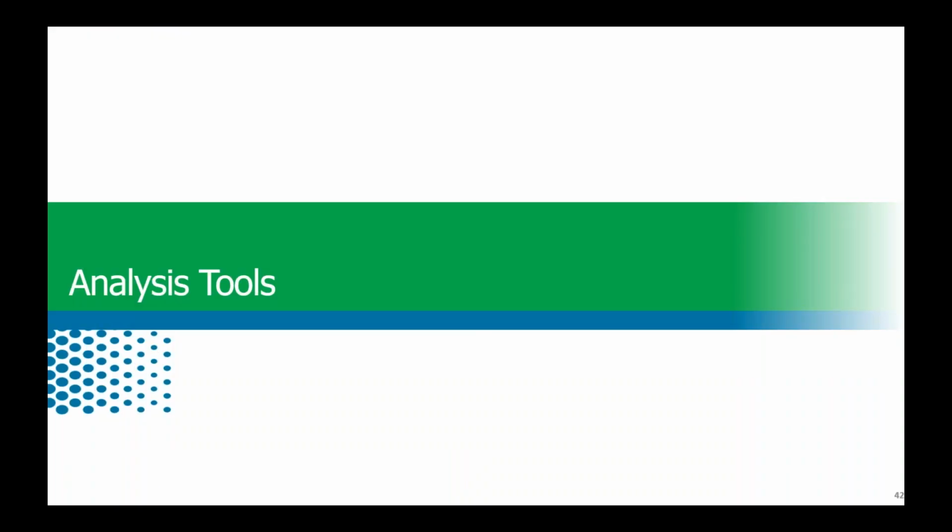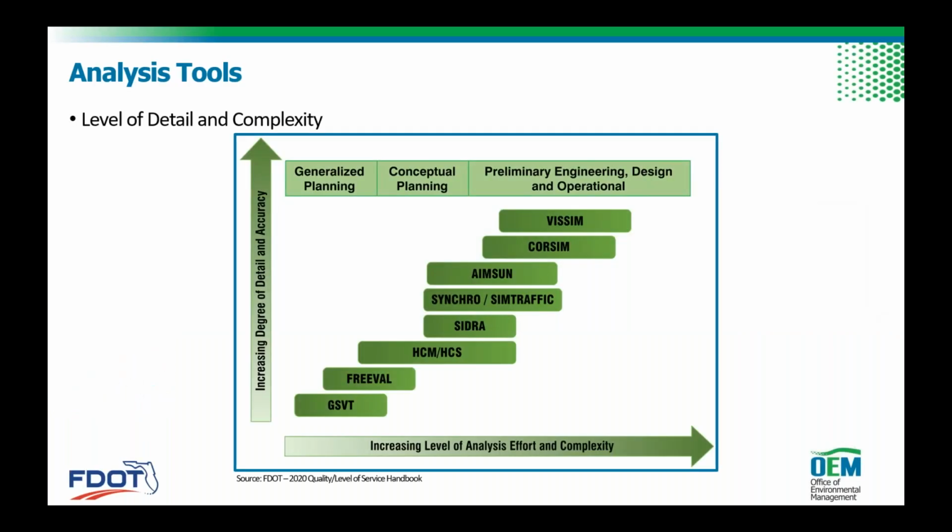Okay, so after we've identified our purpose, our performance goals, and measures of effectiveness, we are going to start looking at which analysis tools would be the most appropriate for evaluating our MOEs. So many of you have seen this chart from the Level of Service Handbook.